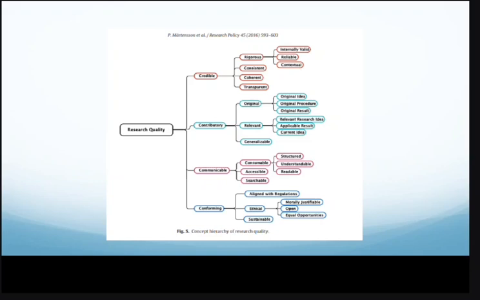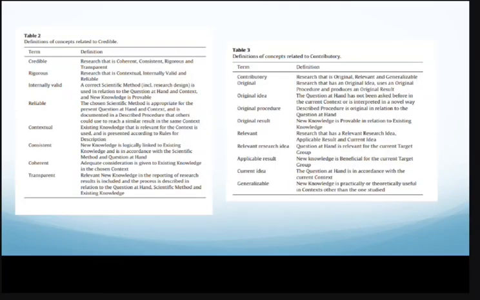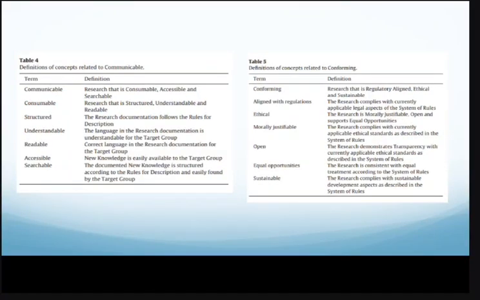Does it matter to our fields? Is it communicable, meaning understandable? And then is it conforming with ethical regulations? Okay, so here are the factors that go into that. So credible and contributory are seen here. You can read these on your own. Okay, and communicable and conforming are seen here.